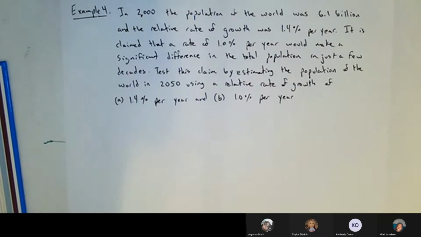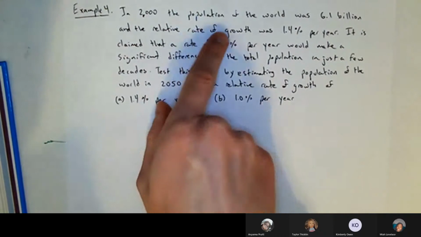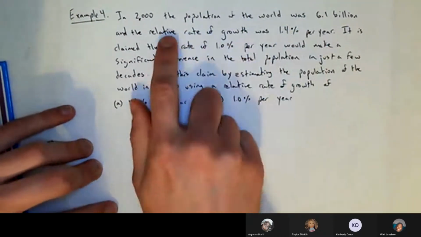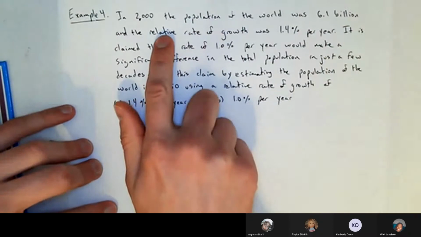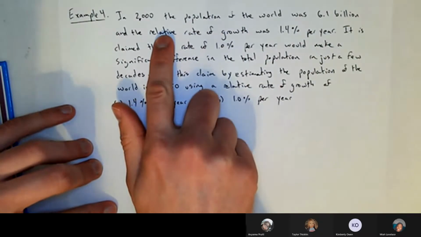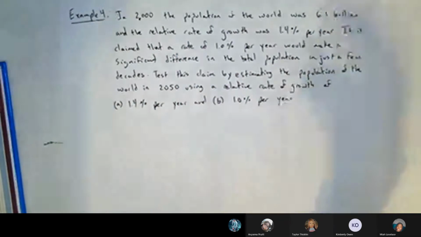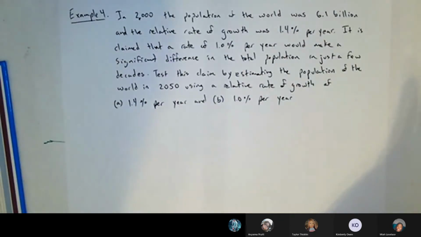So we're going to talk in particular in these two examples about how do you know which one to use, right? And there's going to be some really obvious keywords, like for instance in this one it says relative rate of growth. So anytime you're dealing with a population growth that has a rate of growth that's relative to the population size itself, you're going to use that relative growth rate formula.